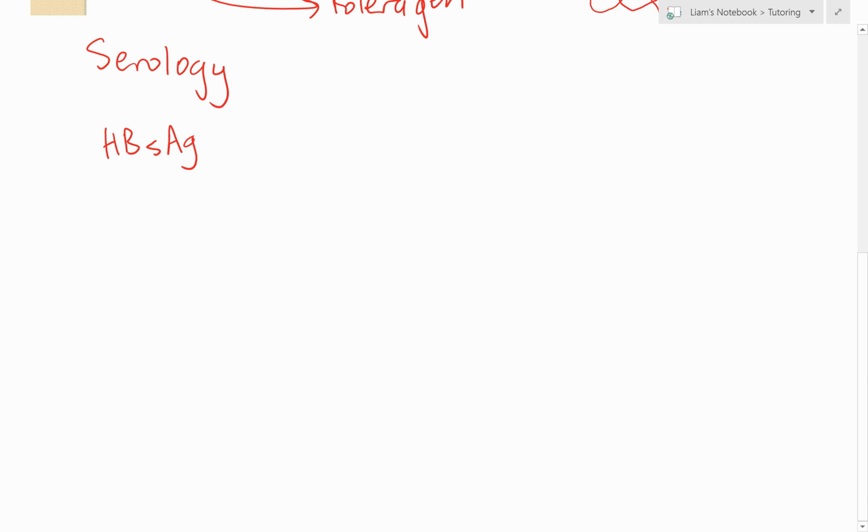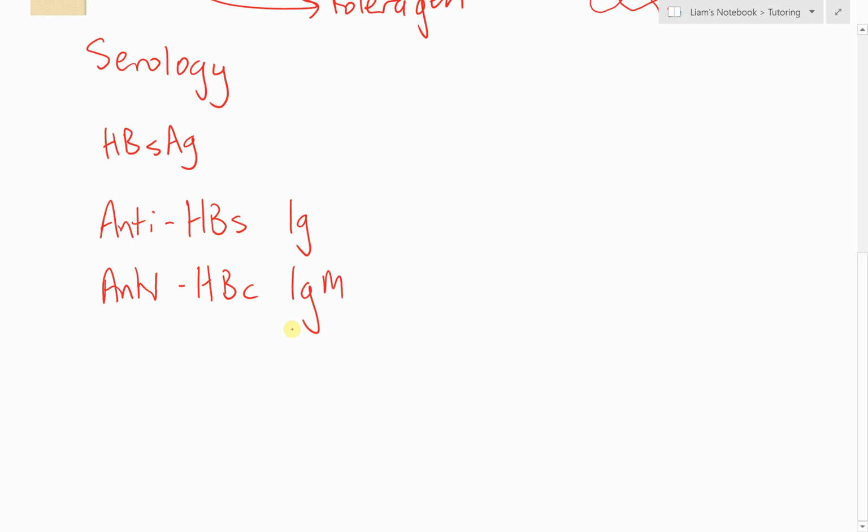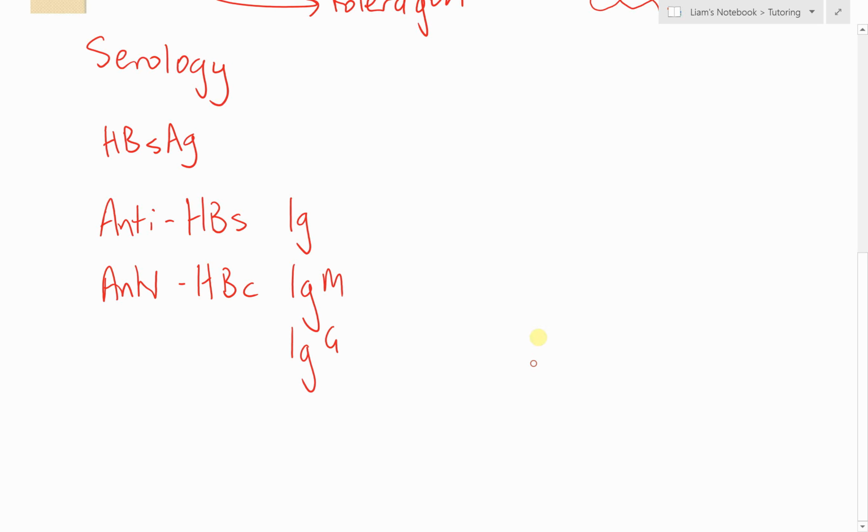We've already talked about this hepatitis B surface antigen. We'd also look at the anti-hepatitis B surface antigen again, but these are the immunoglobulin. We'd also look at anti-hepatitis B core immunoglobulin, and we'd look at both IgM and IgG.